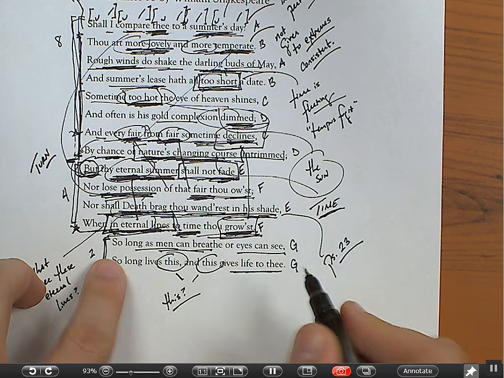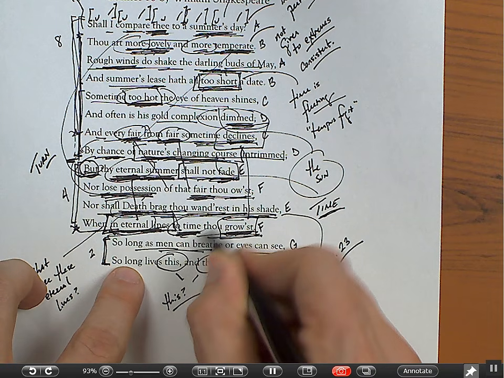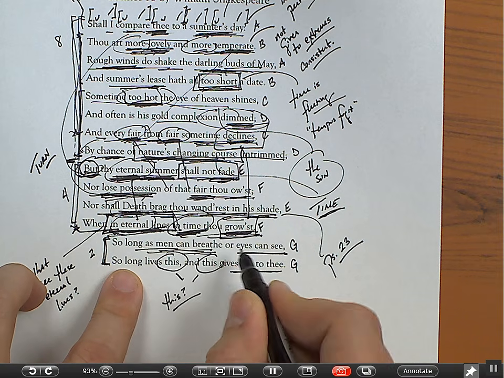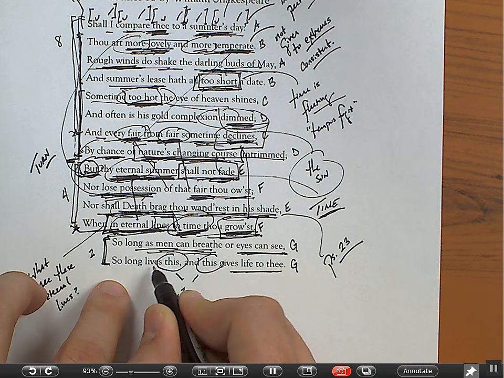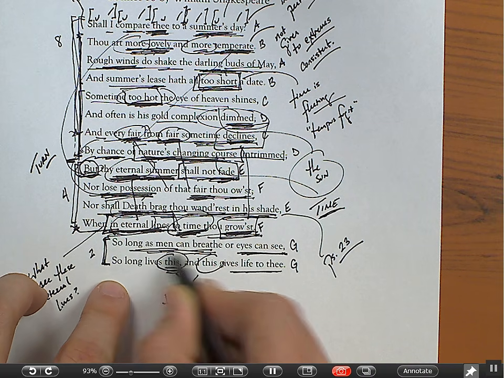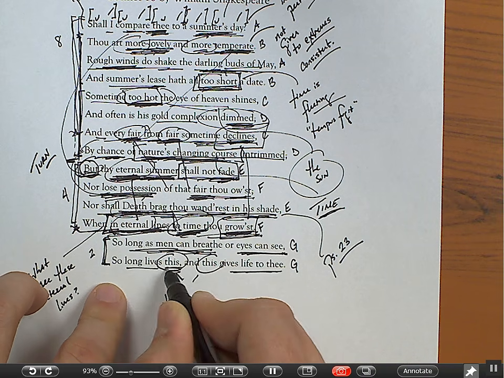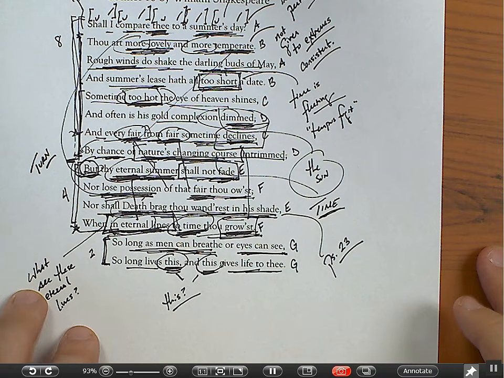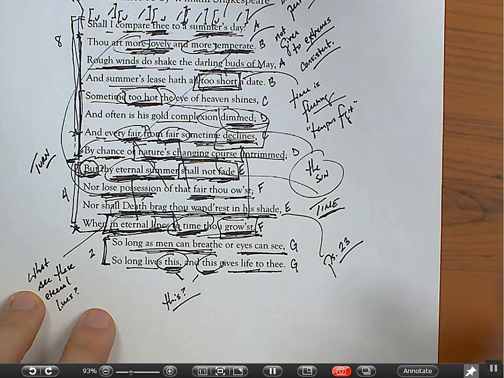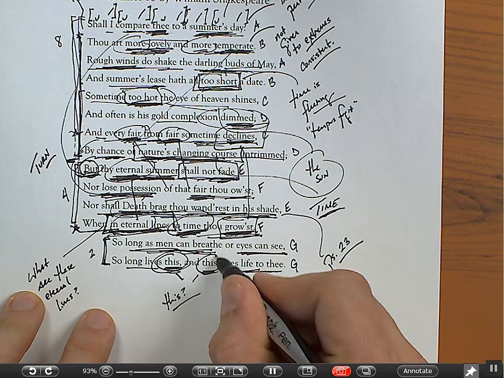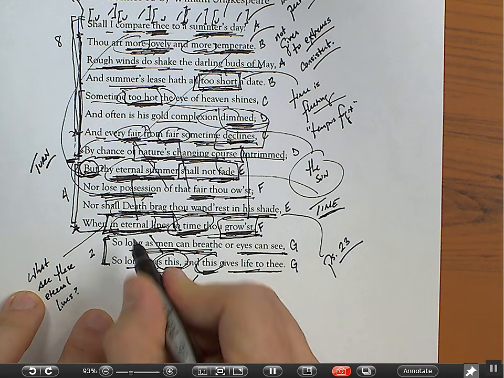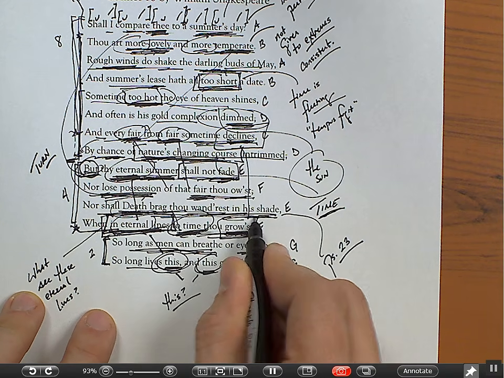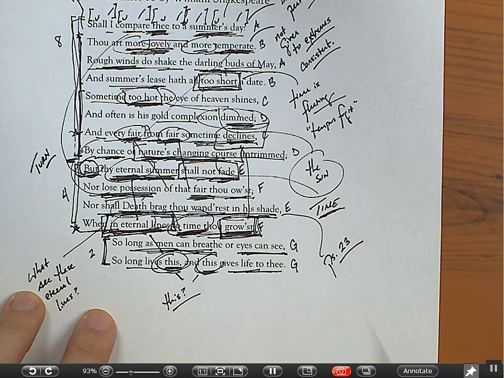As long as men can breathe and eyes can see, as long as time is working and men are breathing and seeing, so long lives this. And this gives life to thee. It seems the this he's referring to are the eternal lines that allow her to grow in beauty with time.